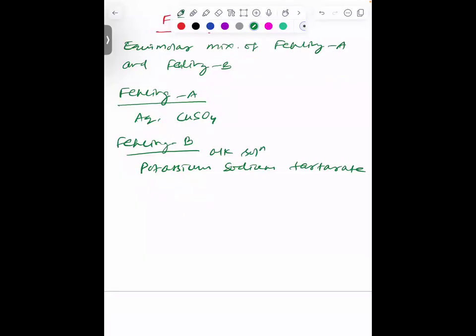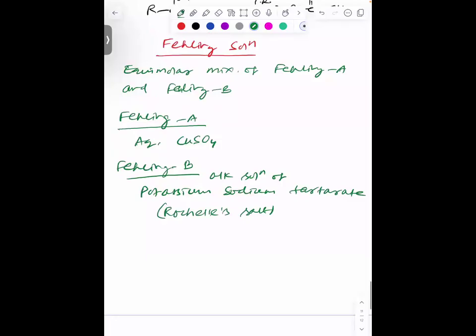This is an alkaline solution of potassium sodium tartrate that is commonly known as Rochelle's salt. Okay, Rochelle salt. So while preparing Fehling solution, we have to take equimolar Fehling A and Fehling B. Then only we can make Fehling solution.